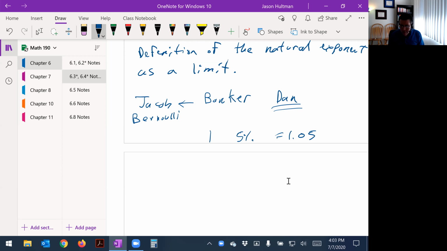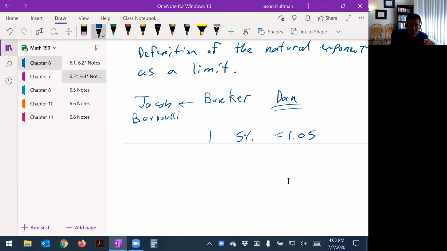I want to make more than 5 cents on the dollar. Could I say that I'm giving them 5% when really I'm charging more than 5%? Kind of like a little mathematical sleight of hand. And Dan's like, I'm all over that. Absolutely, you can. Let me show you how.